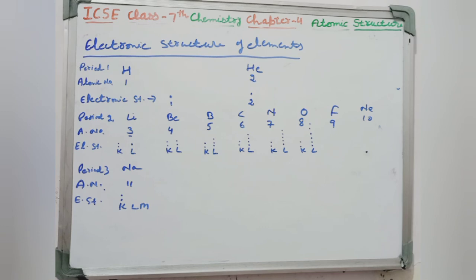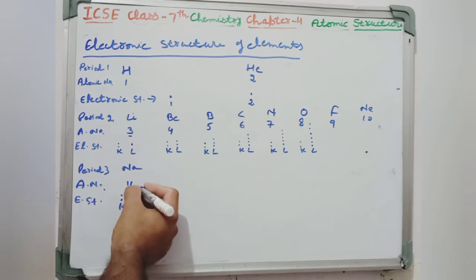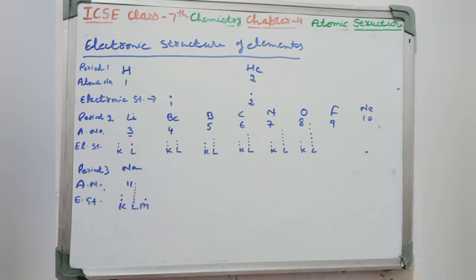Remaining are 11 minus 2, 9. L can hold 8. 1, 2, 3, 4, 5, 6, 7, 8. 8 plus 2, 10. 1 is remaining, that will move to M. Right? In the same way, period 3 has 3 shells.